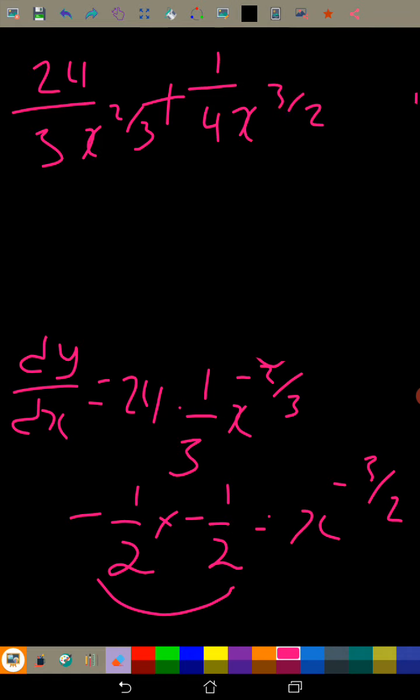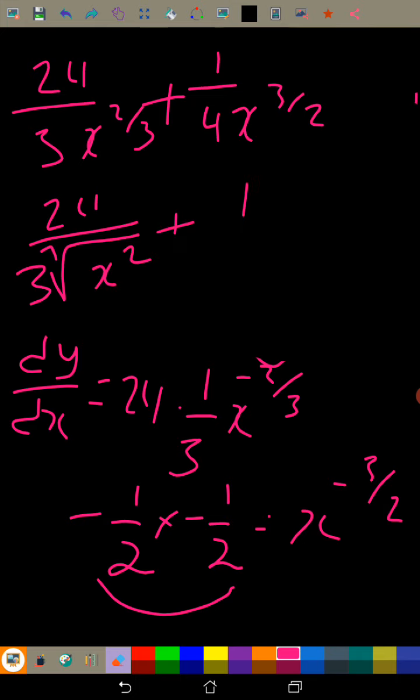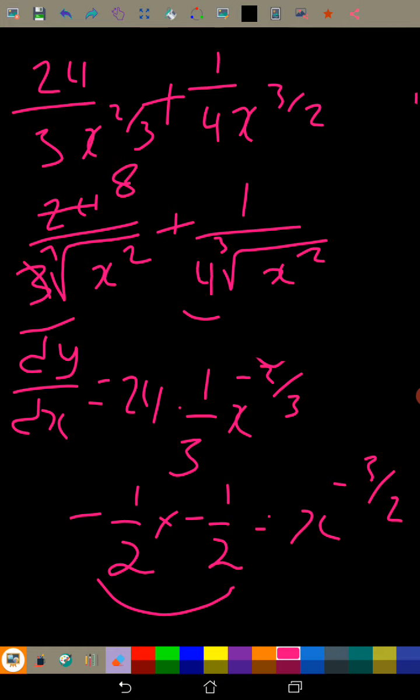So we can rewrite this in terms of 8 over root cube of x squared plus 1 over 4 root of x cubed. I think they're both the same. No, not the same, because here it's 3, here it's 4. But we can divide this, we can put this 8 here. Yep, so that's the answer for it.